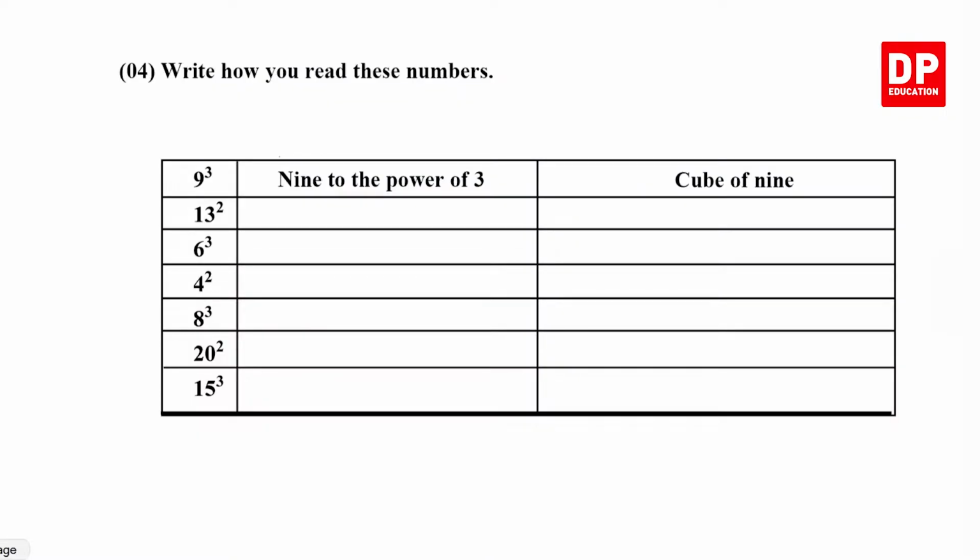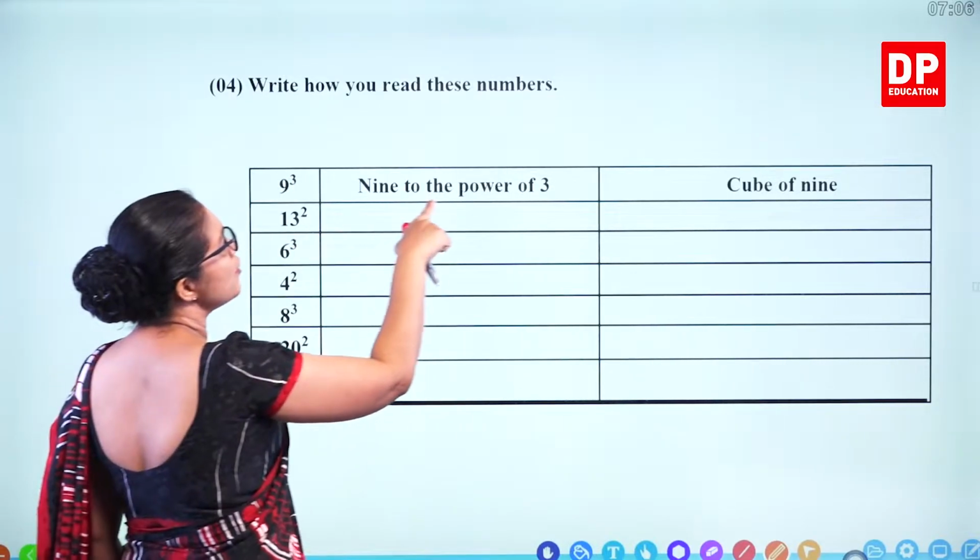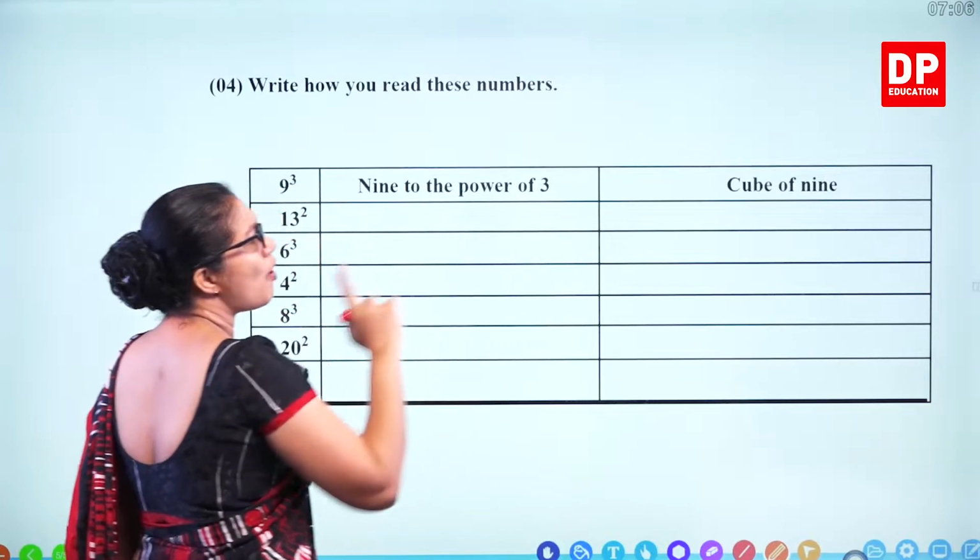Write how you read these numbers. This one is already done. 9 to the power of 3, cube of 9.